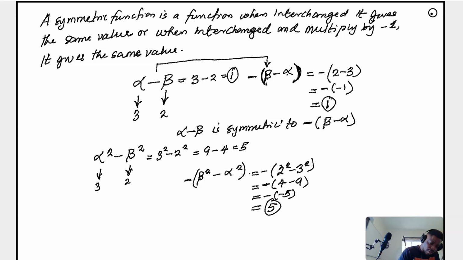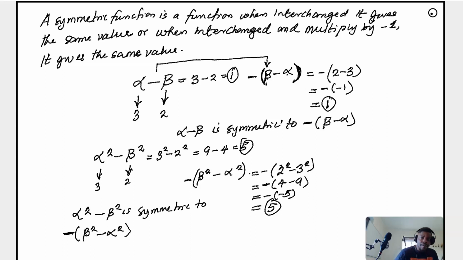You can see 5 is equal to 5. So alpha squared minus beta squared is symmetric to minus bracket beta squared minus alpha squared. Now, let's take an example using quadratic equation.